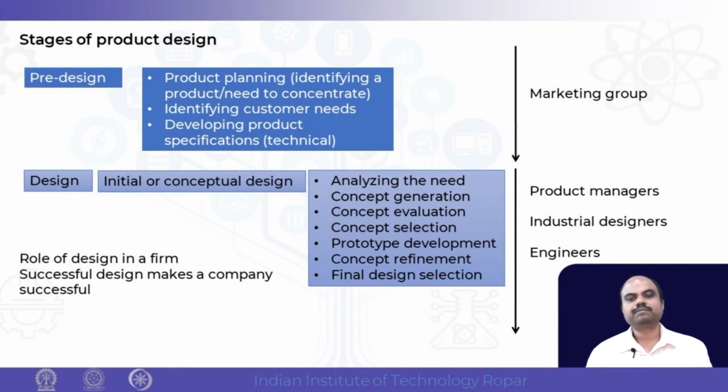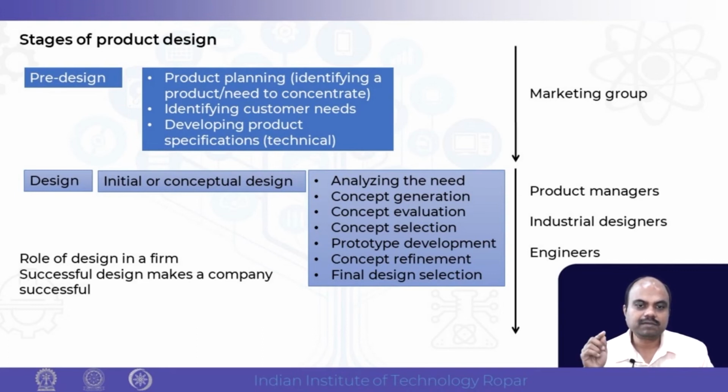Even though many companies follow different steps in product design, the generic steps being followed start with pre-design. In pre-design, for a smaller company, they talk about product planning, the identification of the product and the need. Especially, what is the need of a product, what is the need of a customer?